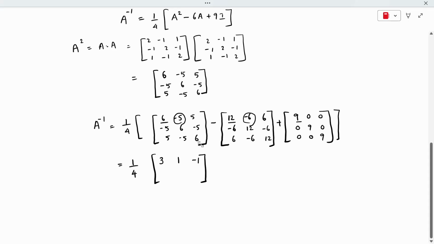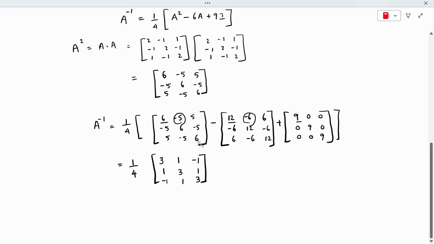Minus 5 plus 6, 1. Minus 1 plus... here again 5 minus 6, minus 1. Here also 6 plus 9 minus 12, so it is 3. Again minus 5 plus 6, so 1. In the next, 5 minus 6, so minus 1. Minus 5 plus 6, 1. Finally 6 minus 12, minus 6 plus 9, so 3.